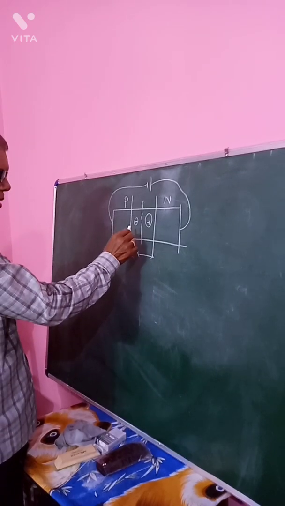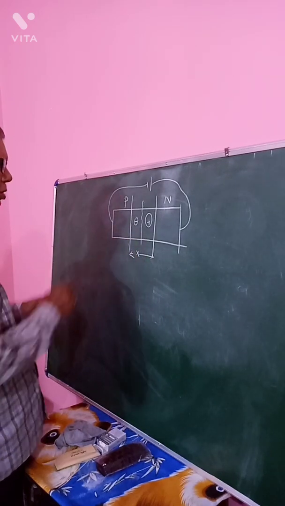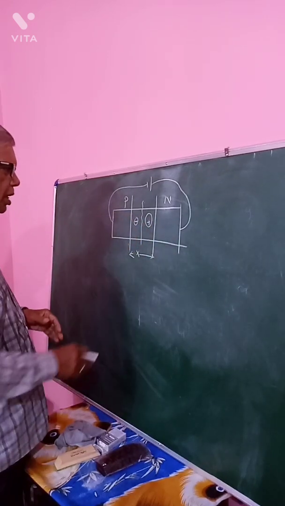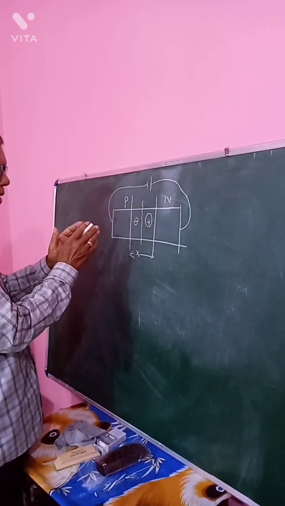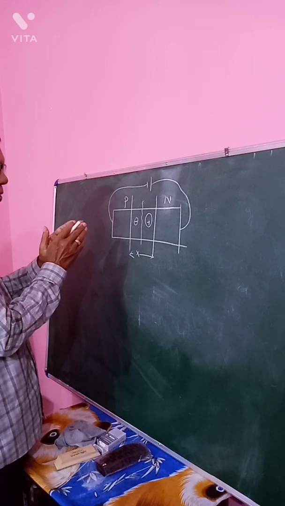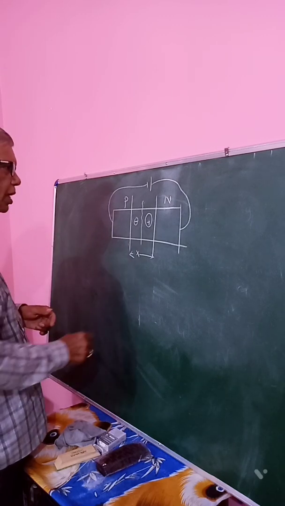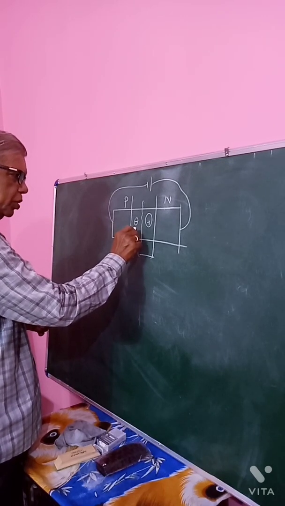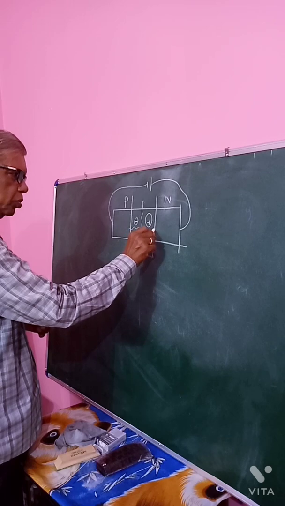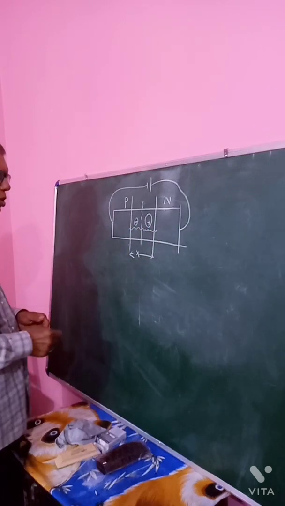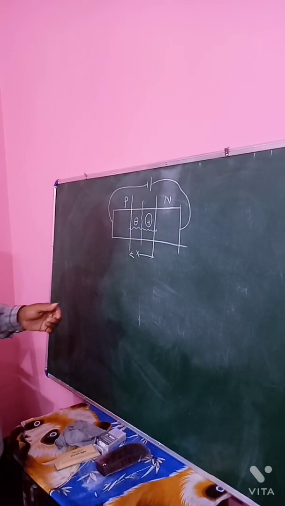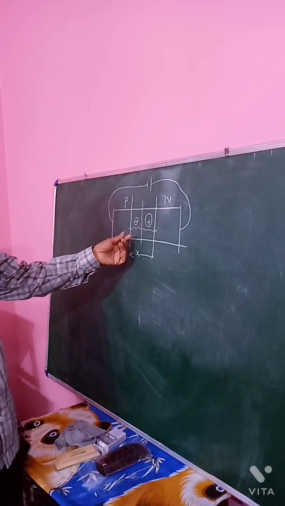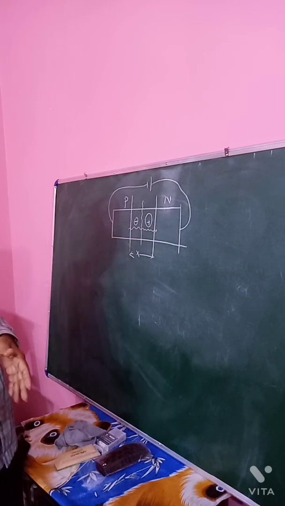Even if the free charges are depleted, there will be some electrons due to the thermal effect, they will be accelerated and pass on to the n side, constituting a small current. This current is due to minority charge carriers and is the reverse current.